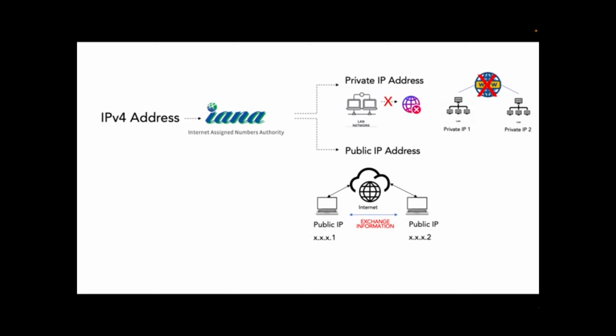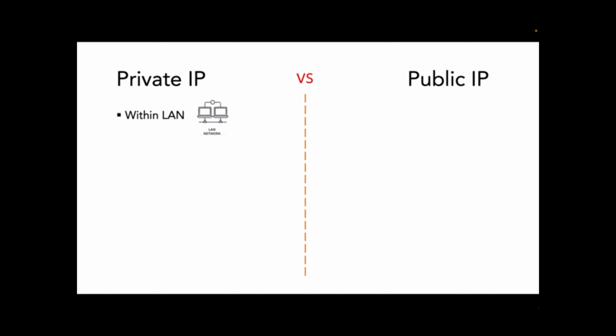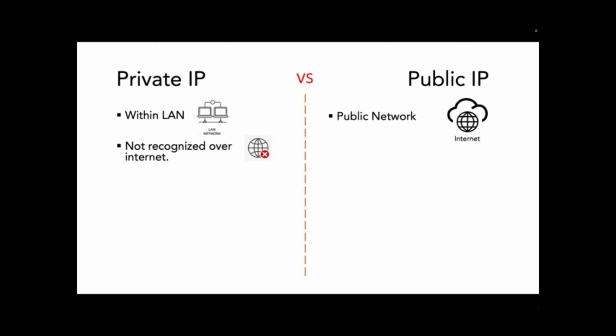Next, let's look at the differences between the private IP address and public IP address. Private IP addresses are used within a LAN or a network, whereas a public IP address is used on a public network. Private IP addresses are not recognized over the internet, whereas public IP addresses are recognized over the internet.